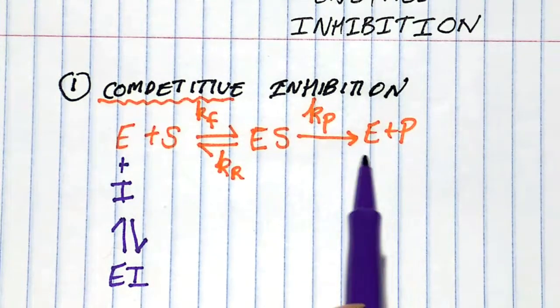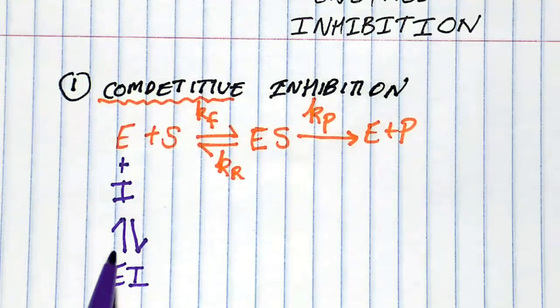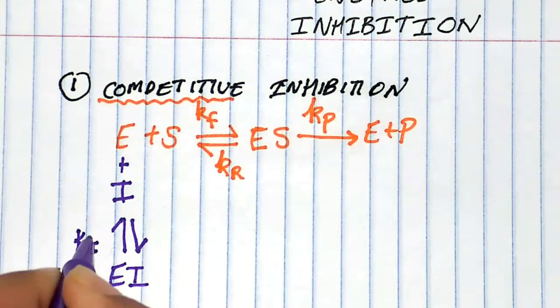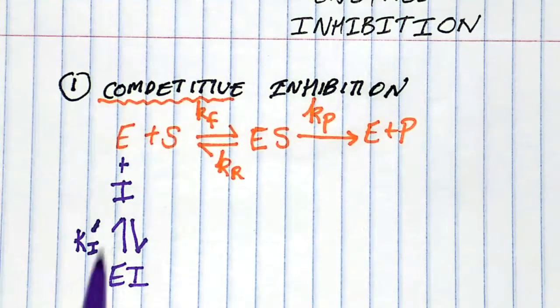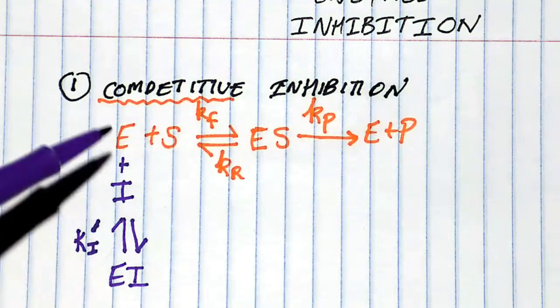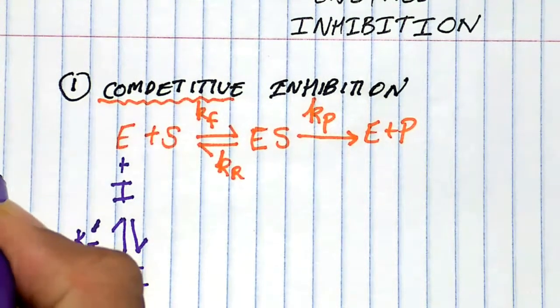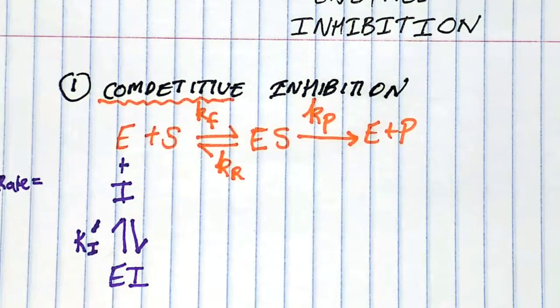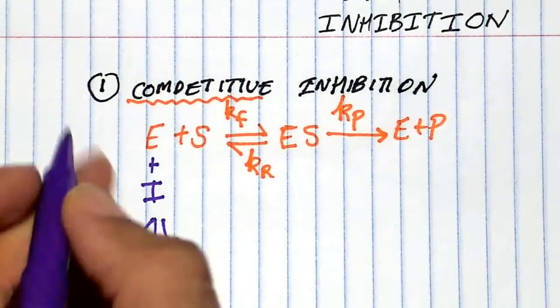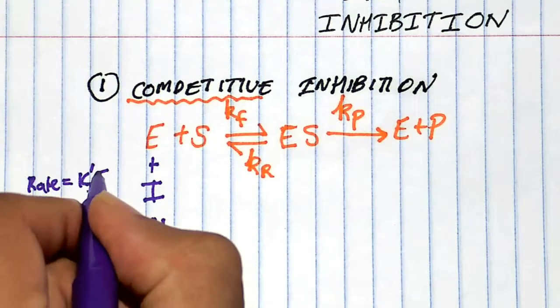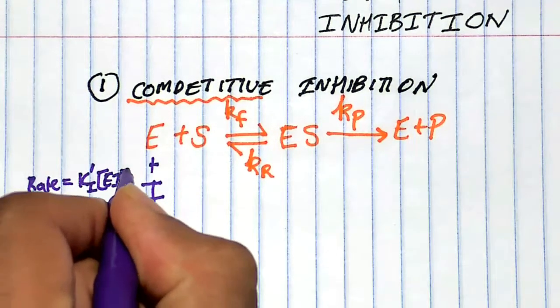ES can. The only way EI can dissociate is if we know the dissociation constant, I'll call this Ki prime, of the reverse reaction. And that will have its own rate law. Okay? And that rate law, though it's not going to be very important, I'll just put it, rate is equal to Ki prime times the concentration of EI.